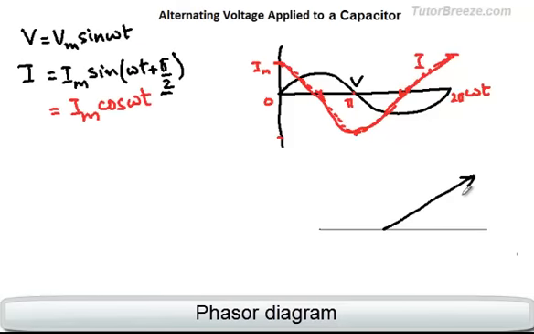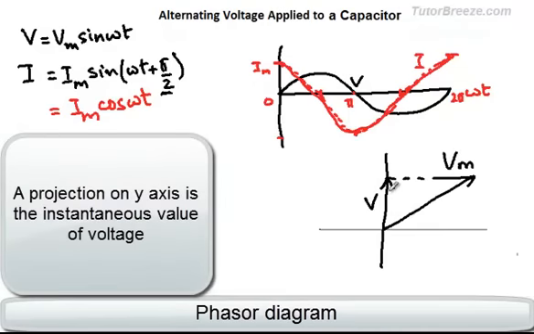Next we'll use phasors to show the variation of voltage and current. We have the voltage V, which is shown over here, and this is the amplitude of the voltage. If you recall, a projection on the y-axis, which would be this quantity over here, gives the instantaneous value of the voltage.